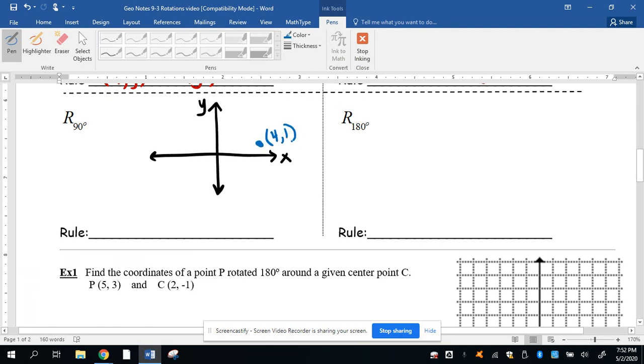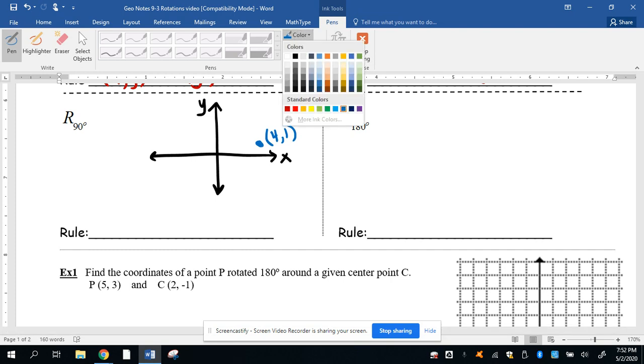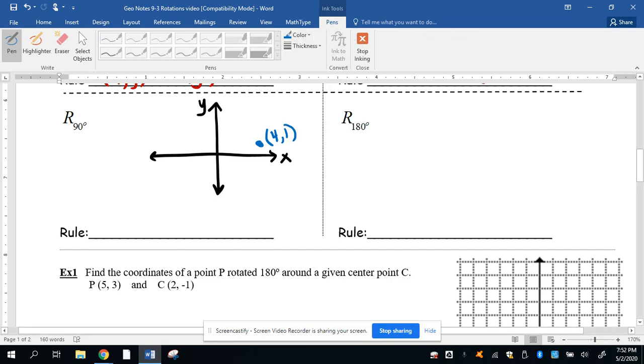Again, that's just a random point. And I need you to know that any rotation is going to be in the positive direction, which is counterclockwise. So this is a rotation with respect to the origin of 90 degrees. That's what this means, a rotation with respect to the origin of 90 degrees.